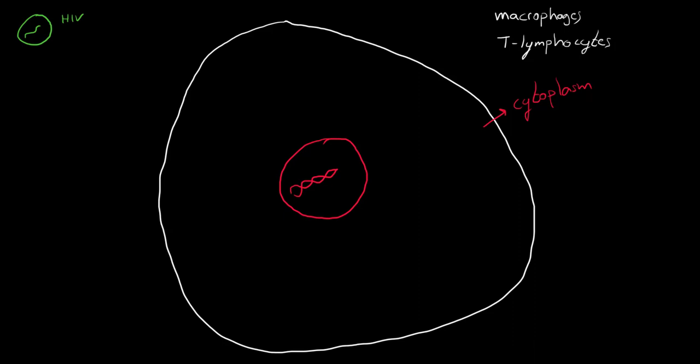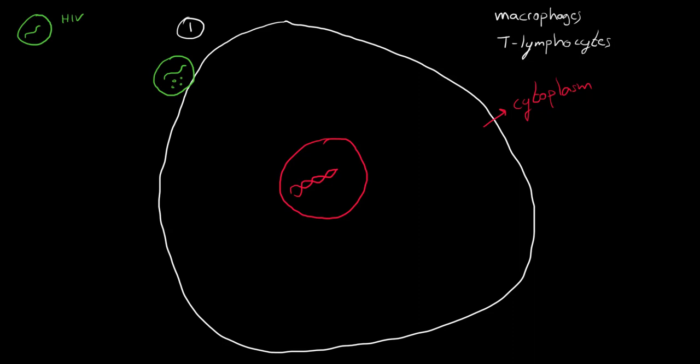So the first part of replication of HIV is when the HIV is able to attach onto a cell. So here is HIV with its RNA and the enzymes that are needed. The first stage in HIV replication is the attachment.